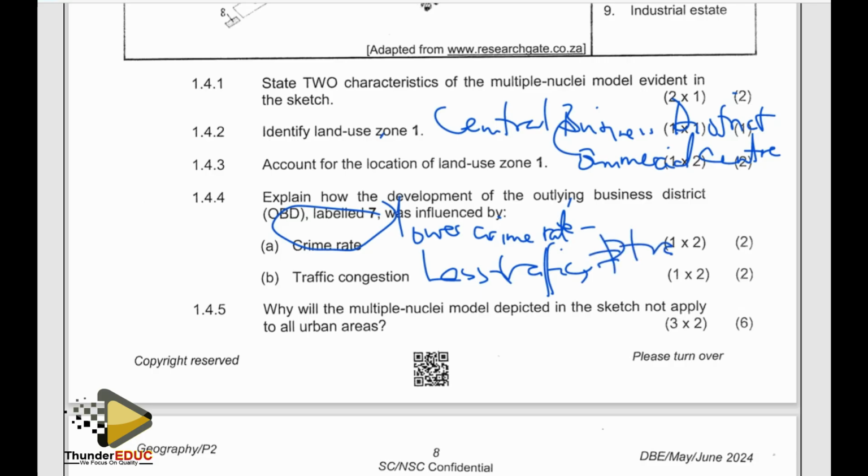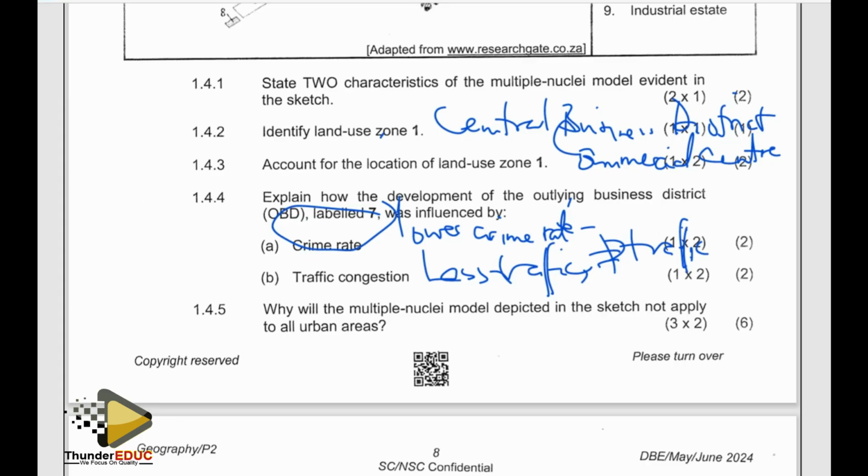Traffic volume is limited here. A lot of people do their business in the CBD, and hence there are so many vehicles that tend to go to the CBD. But in the outlying business district, we have fewer people doing business, and hence the volume of traffic is limited, and it's easily accessible because of limited or almost no traffic congestion.